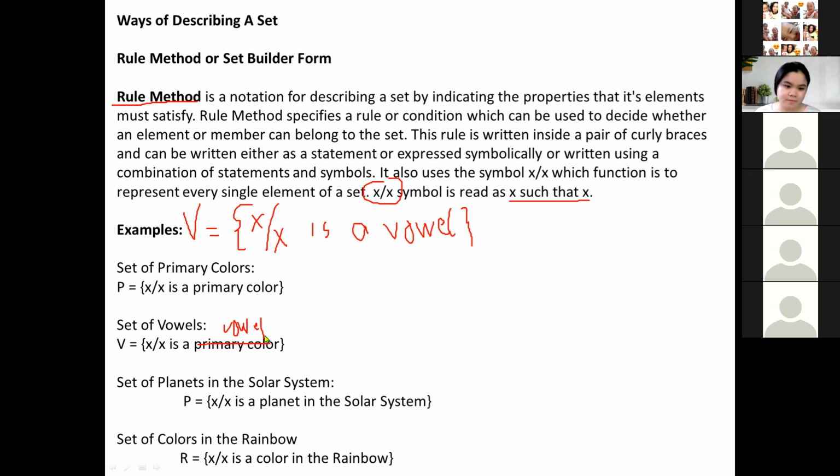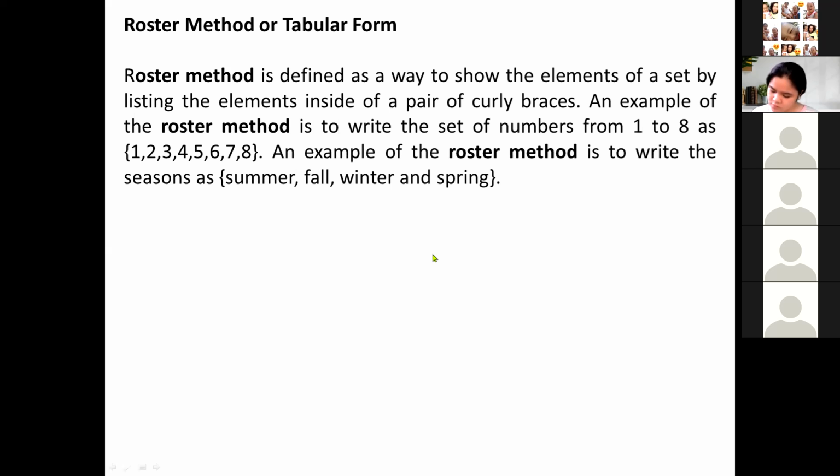So, dapat, alam niyo, i-convert ang mga yan sa ibang method. Kasi dalawa yan eh. Yung una, ito yung set builder form or rule method. Yung pangalawa naman is roster method or the tabular form. Ito yung pangalawa. For second way, roster method or the tabular form.